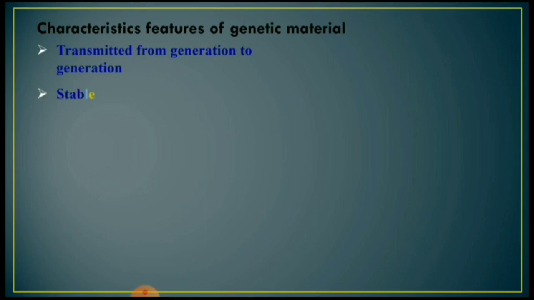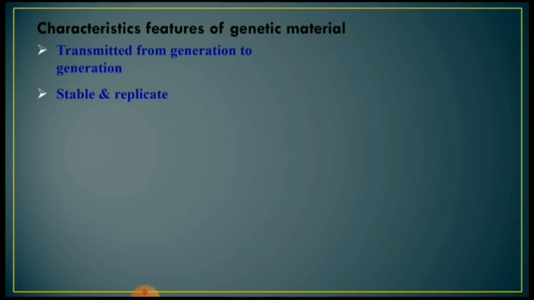The second property, it should be stable and replicate. That means genetic material should exhibit stable mutations, and those stable mutations which are inheritable must be transmitted to the next generation.